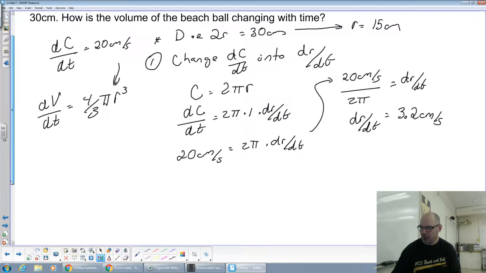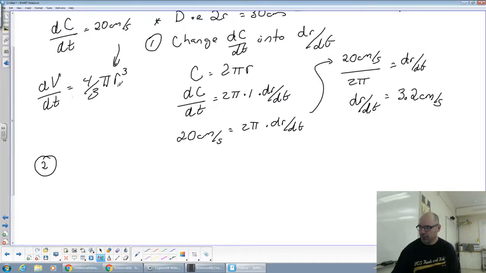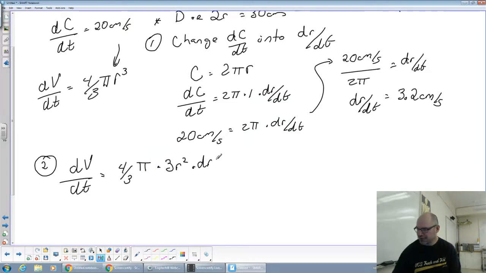Second step now is to do the dV/dt, now that you know this one. dV/dt is going to give you 4/3 pi times 3r squared dr/dt. The 3's are going to cancel out, and multiplying these all together, we get 4 pi r squared dr/dt.